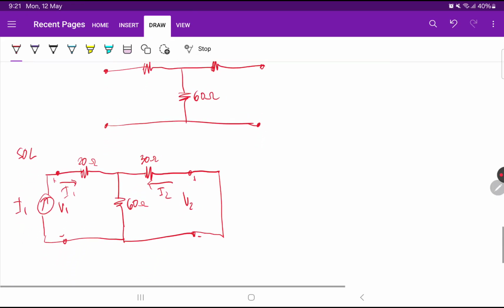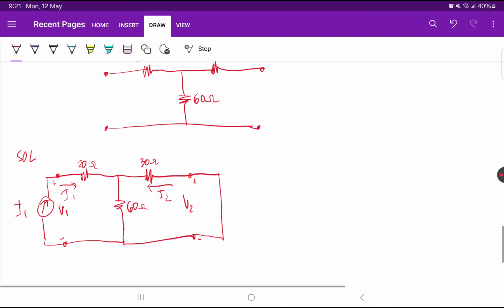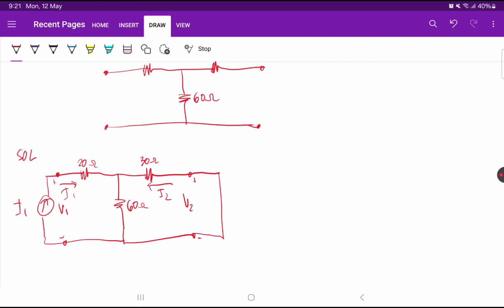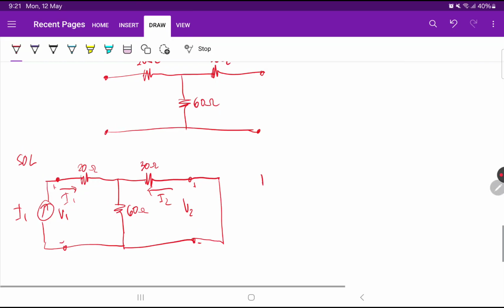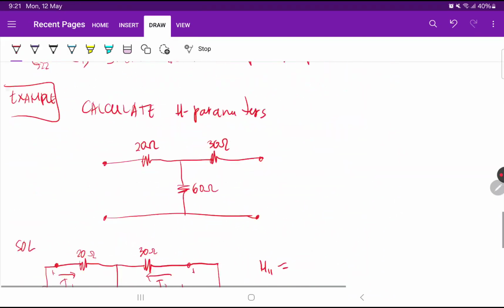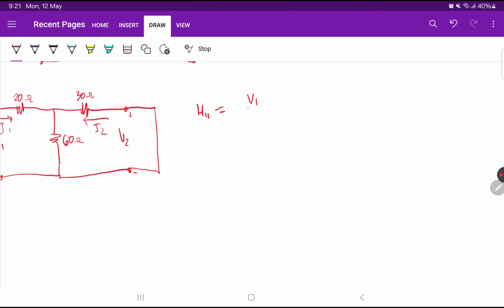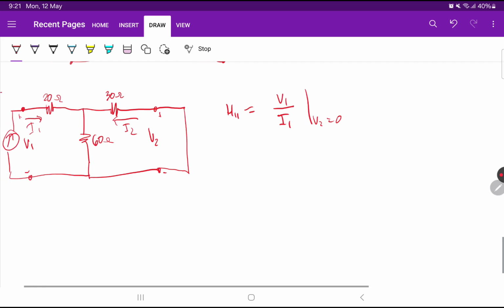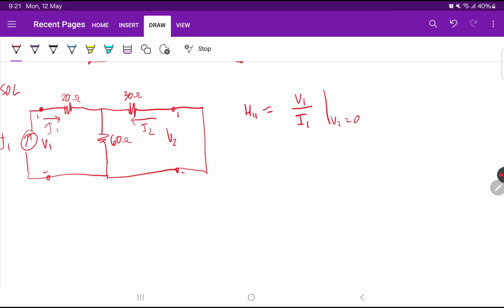So to solve for H11, first we need to solve for V1, because H11 is just equal to V1 over I1 when V2 is equal to 0. So we need to calculate V1 in terms of I1. Here, if you look at the circuit, it's easy to solve for V1 because V2 is short-circuited.